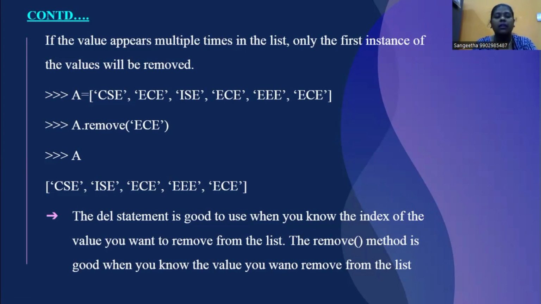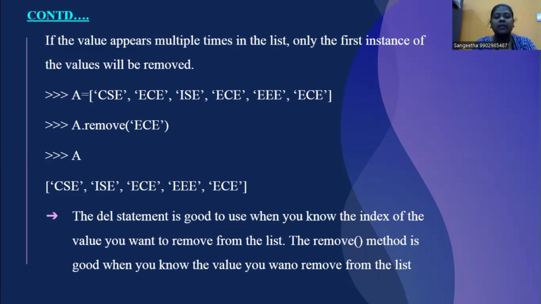If I want to return list A, it returns the list after removing the first appearance of the item. So it removes only the ECE item present at index 1. So CSE, ISE, ECE, EEE, ECE. It removes only the ECE element which is present at index 1.